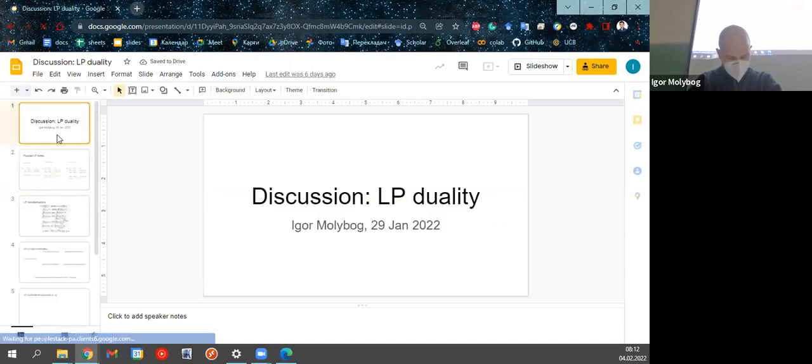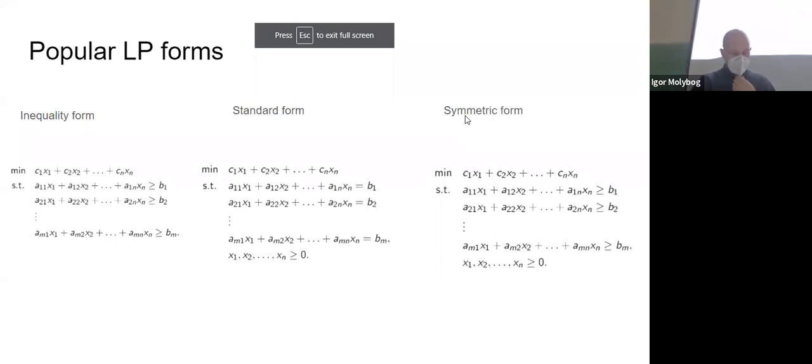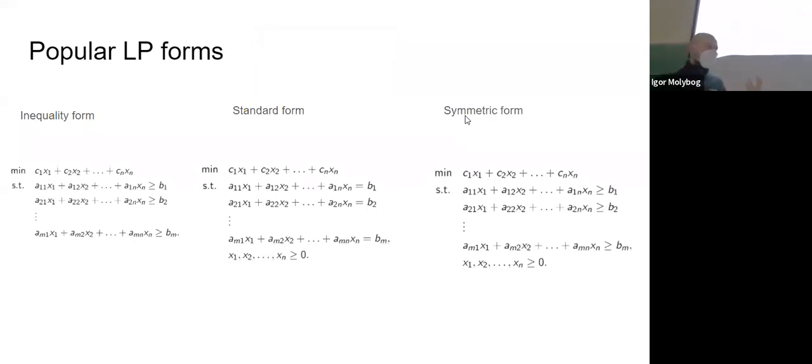Okay. So let me start with LP duality specifically. LPs can be written in multiple forms. Here you can see the inequality form, where all of the constraints in the problem consist of inequalities. There is a standard form where you have non-negativity constraints for variables, which are coupled with linear equality constraints for general linear functions.